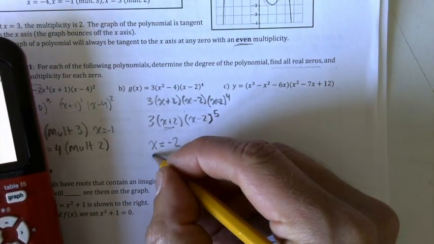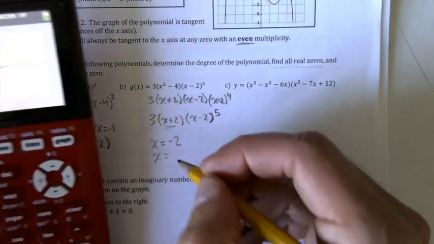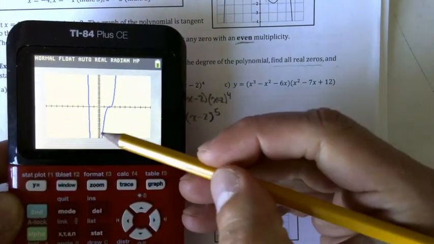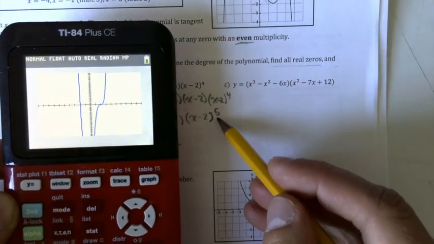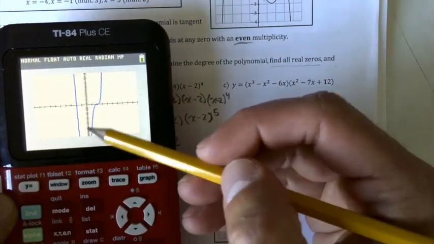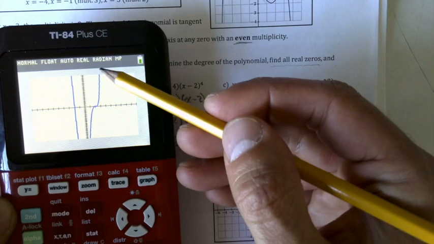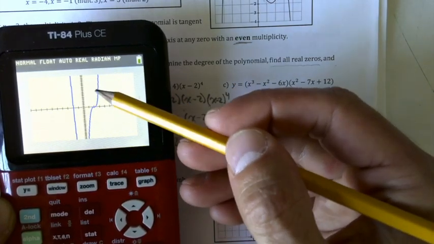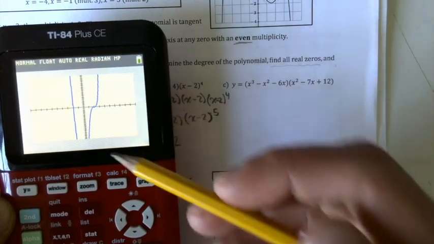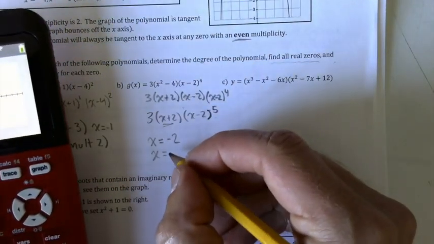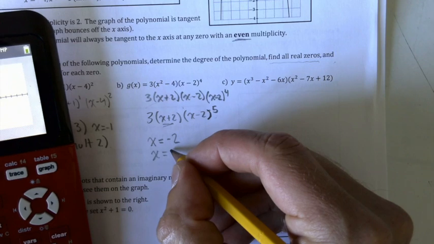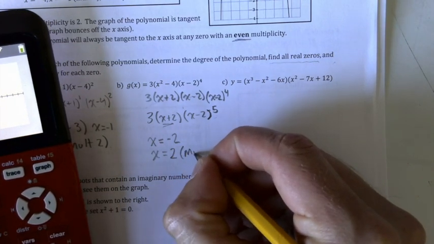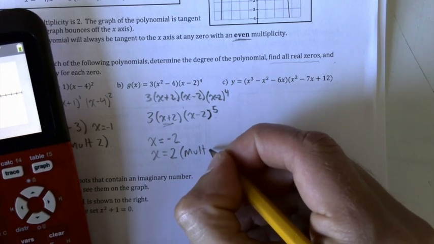Then I also know that x can be equal to 2, and in this case, I notice what type of behavior here. Well, it's an odd degree, so it has a curve, but it does pass through. Remember, odd degrees have opposite end behavior. So here we go. This has a 0 at 2 with multiplicity of 5.